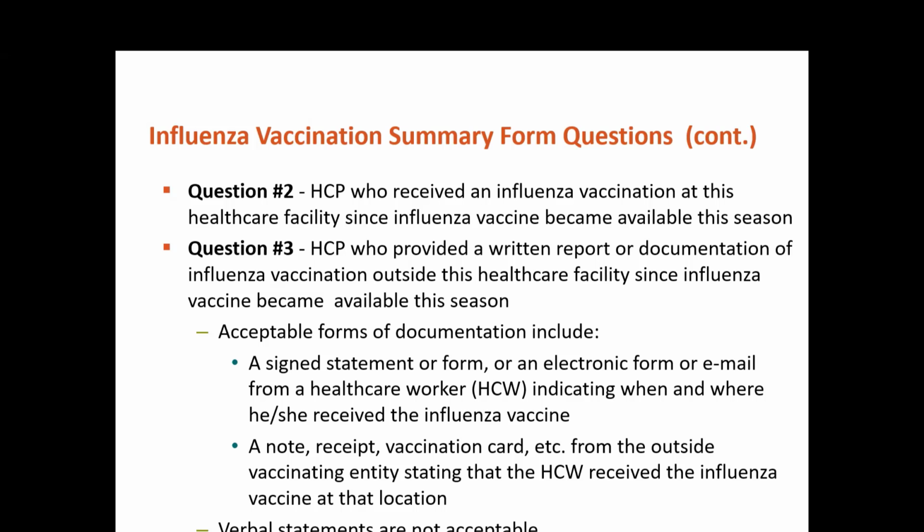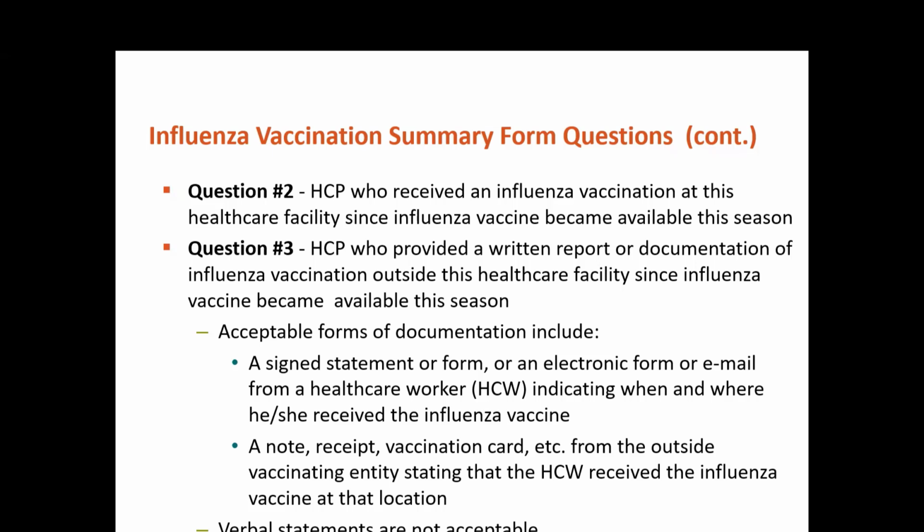Please note that there are 2 separate fields in the NHSN module. The first field includes healthcare personnel who received vaccination at the facility since vaccine became available this season. Question number 3 includes healthcare personnel who are vaccinated outside the facility since vaccine became available and provided a written report or documentation of vaccination.